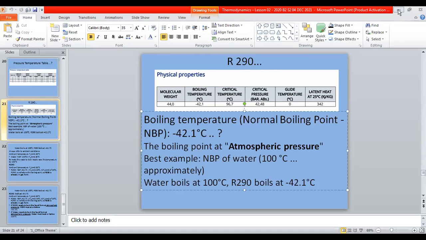Here we know that the gas inside the cylinder is pressurized, to keep it in liquid, to store more mass of, let's say, R290. R290 is butane. Sorry, R290 is propane.